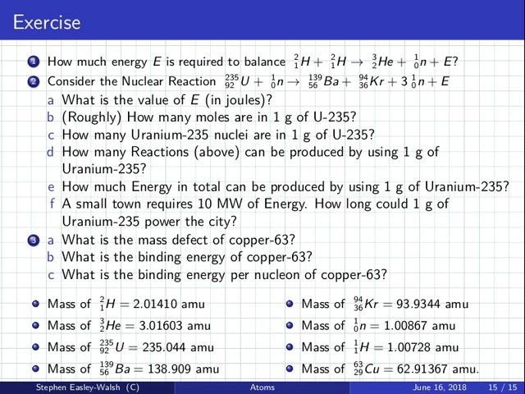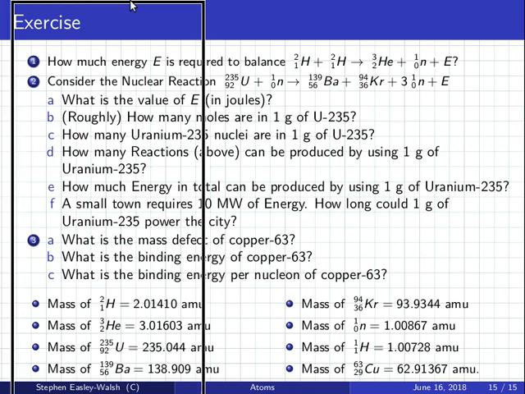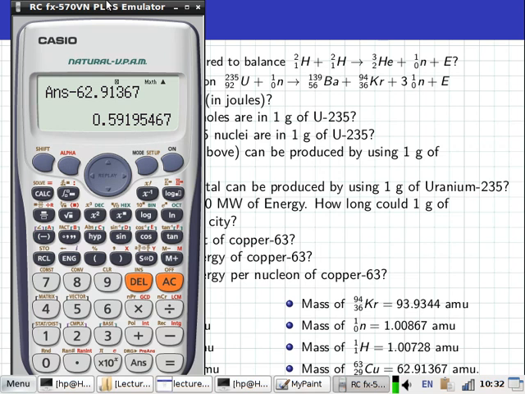Okay, so part B, what's the binding energy? So how do I get the binding energy? This by c squared, but I must convert this back into kilograms. So m times c squared.